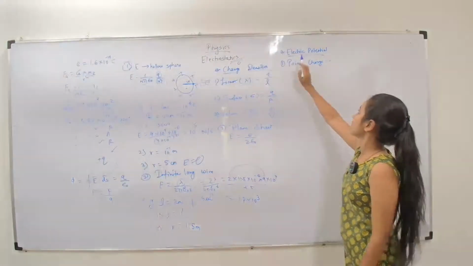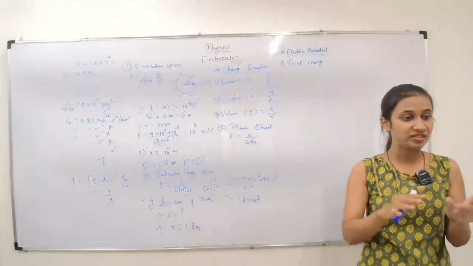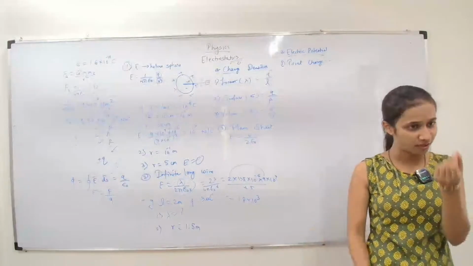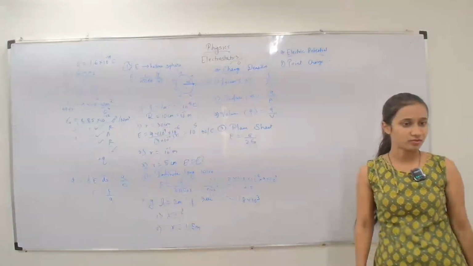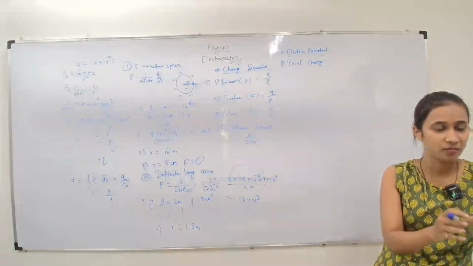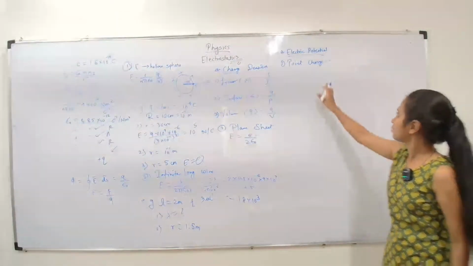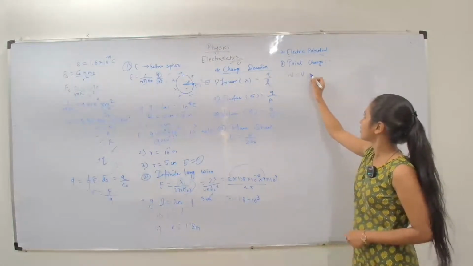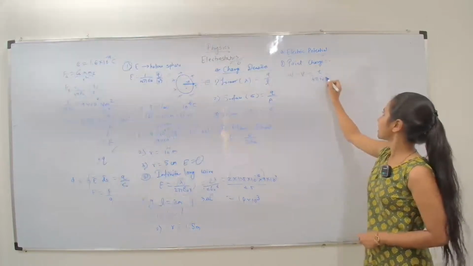So we have to find out electric potential due to a point charge. Consider any point charge which is initially at infinity. You have to bring that point charge from infinity to a desired point. Suppose मला infinity वरून इथपर्यंत आणायचं आहे तो. So to bring this charge from infinity to the desired point, you have to do some amount of work to bring it, right? So this amount of work you are doing will be stored in terms of potential energy, and the formula is Q upon 4 pi epsilon naught R.